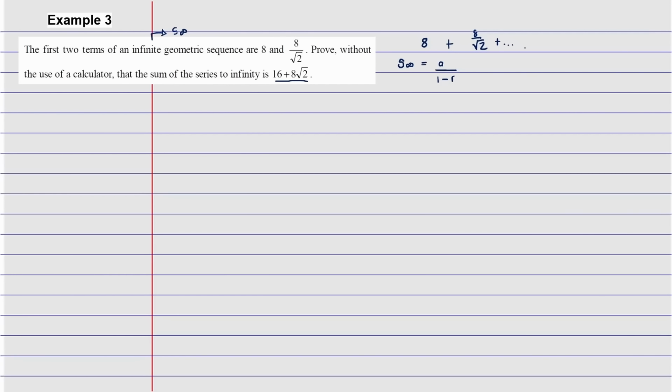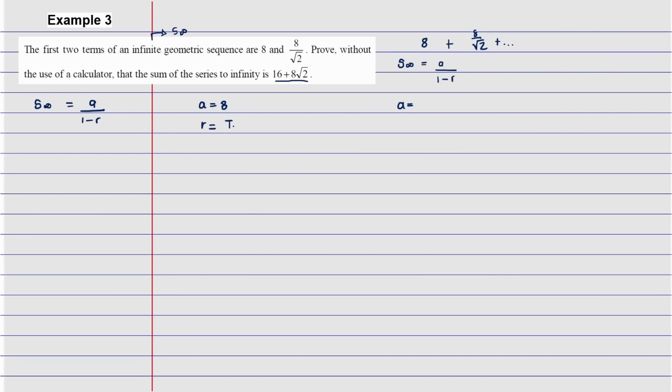So here what we need to find is a and r. A here is 8. Then we need to find r.